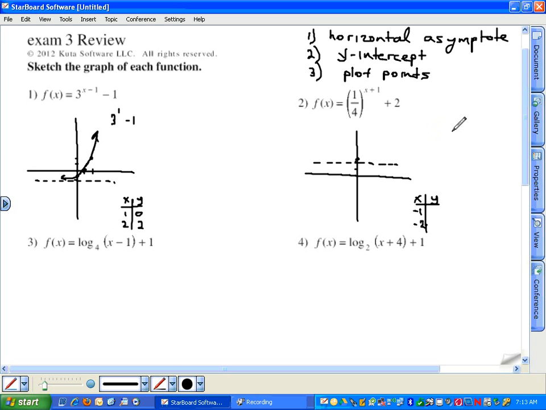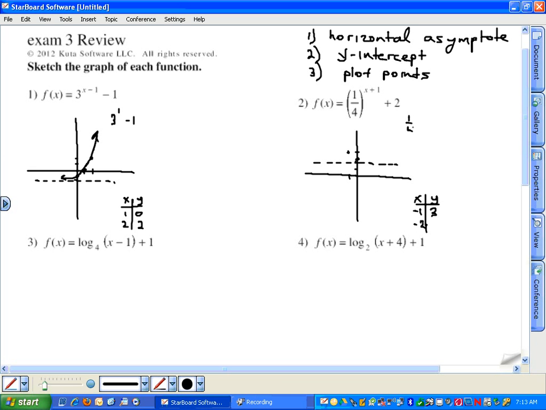Over here, if x equals -1, we have -1 plus 1. So we have 1/4 to the 0 plus 2, which is 3. So we have -1, 3. And then if x equals -2, -2 plus 1 is -1.